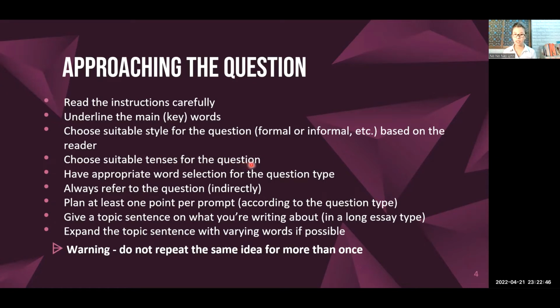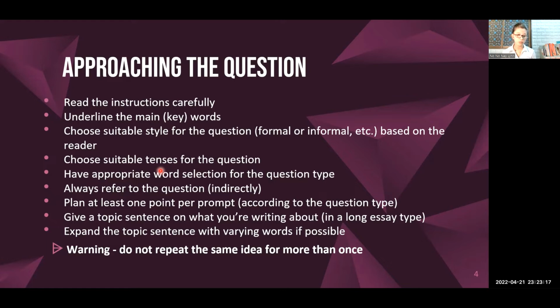We've already done that too, because suitable tenses means looking at the given time phrase in the given scenario, whether it is taking place last week, last weekend, last night, or the next morning, the next day, things like that. Looking at the given time phrase in the question, we have to decide whether it's past, present, or future.